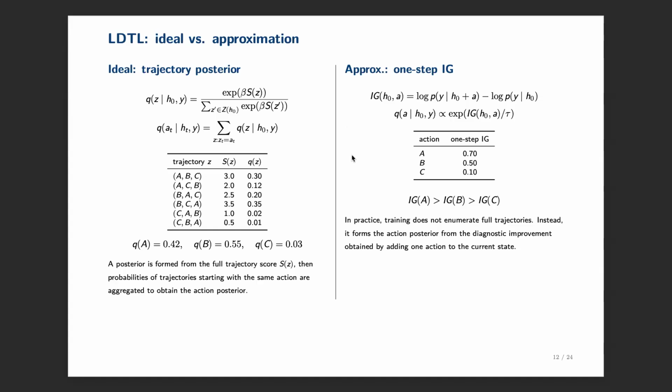But this is actually computationally expensive because they grow exponentially. So in practice, LDTL approximates the trajectory posterior using one-step information gain. It asks, if I add this action to the current state, how much does the probability of the correct diagnosis improve?